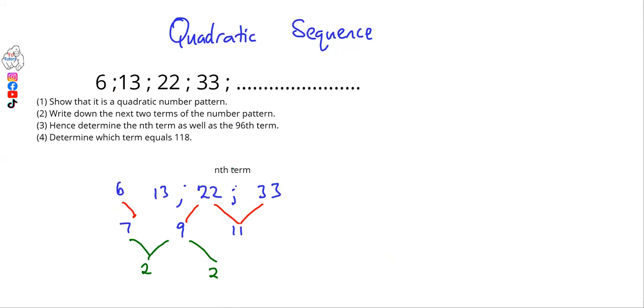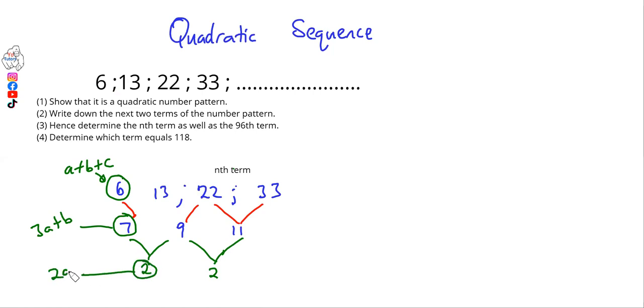We know that from here, this is our A plus B plus C, and this is our 3A plus B, and this is our 2A. So what we're simply doing here is using the quadratic equation, Tn equals the general equation an squared plus bn plus c. Our job here is to find A, B and C.